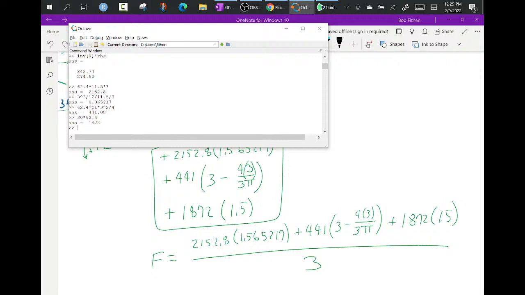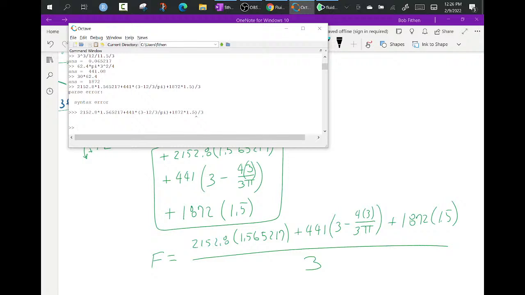Here, I'll try my best to do it. So 441 times 3 minus 12 divided by 3 pi, plus 1872 times 1.5, and divide all of it by 3.